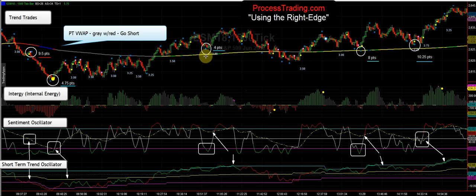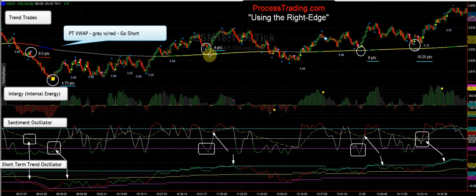So let's see what our discretionary indicators tell us. We're going to take this as a long trade. The energy tells us that the energy is weak. The energy used all of its energy in this up move right here.